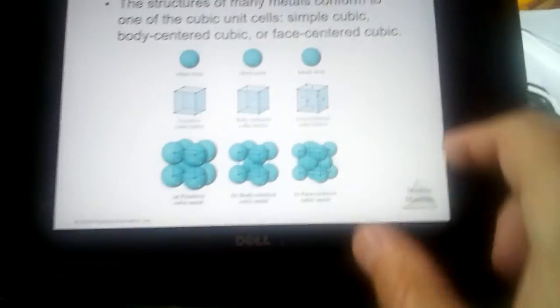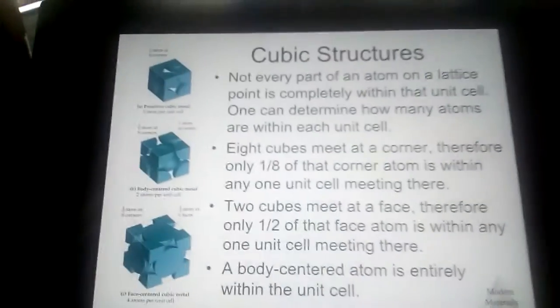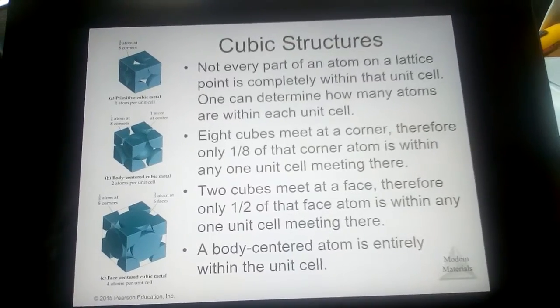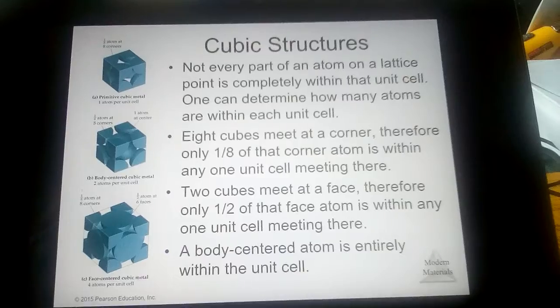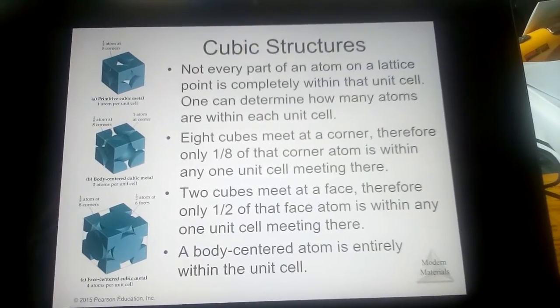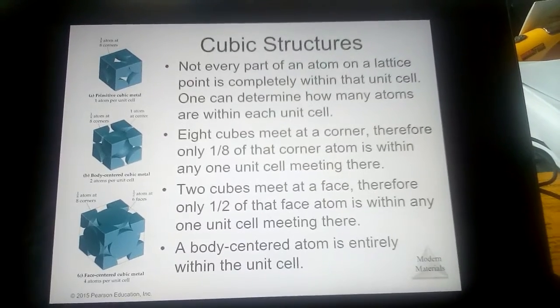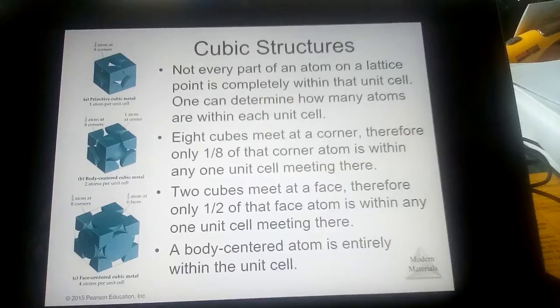And what we're really going to need to do with these structures is start to count how many atoms are present. So let me just read through this slide and I'll zoom in a little bit on the figures. Not every part of an atom on a lattice point is completely within that unit cell. What we want to be able to do is think about how many atoms are actually present in our unit cell, our repeating unit.